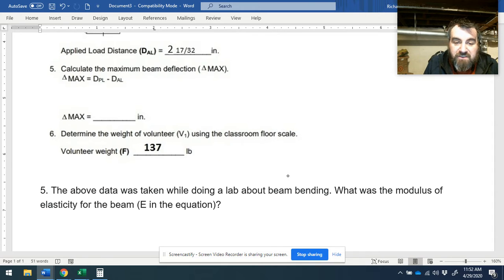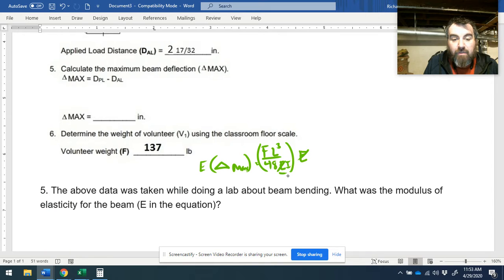So remember, we have this equation, delta max equals F L to the third over 48 E I. Okay. We're trying to solve for E. Let's adjust this equation to make it so that E is by itself. E is currently being divided, so we would multiply both sides by E. Okay, and that would allow us to get E on the left side of the equation.